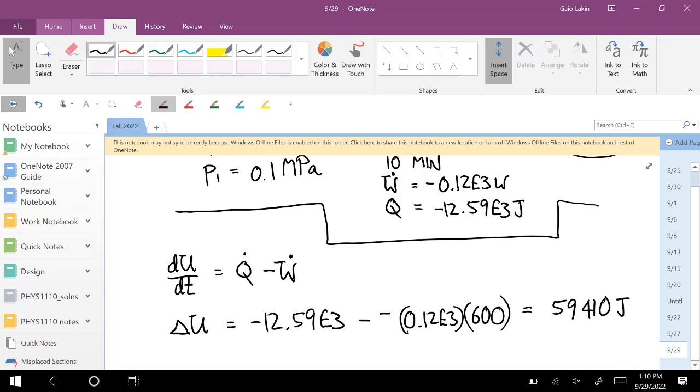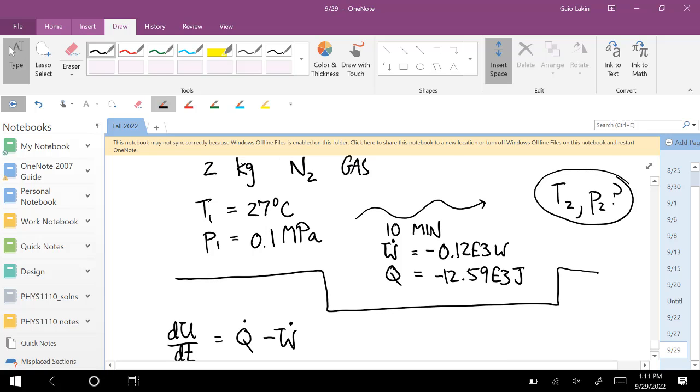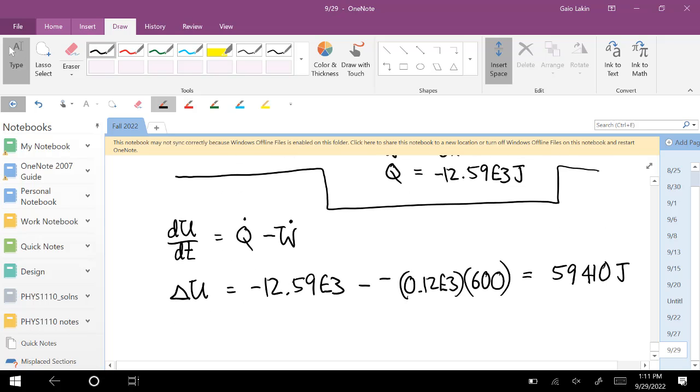So we know the change in internal energy. The tables for ideal gases let you look up specific internal energy per mole. And we have a table for nitrogen. So we can look up at the starting temperature and pressure the specific internal energy per mole. And then if we figure out the number of moles we have of the gas, then we can calculate what the total internal energy is. And that'll let us calculate the final internal energy because we have the change.